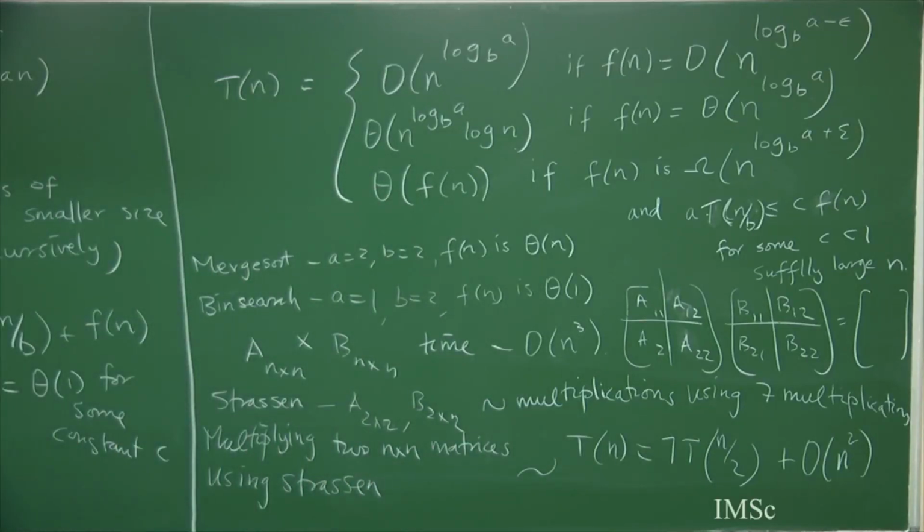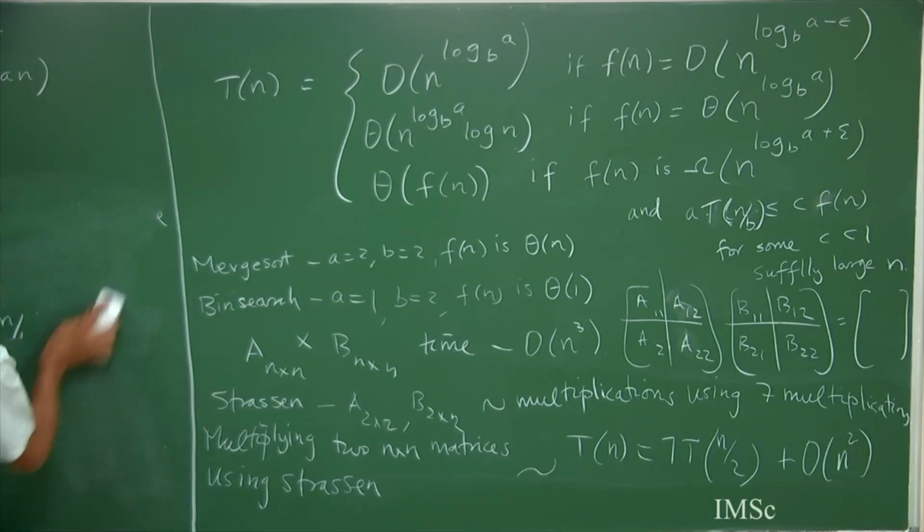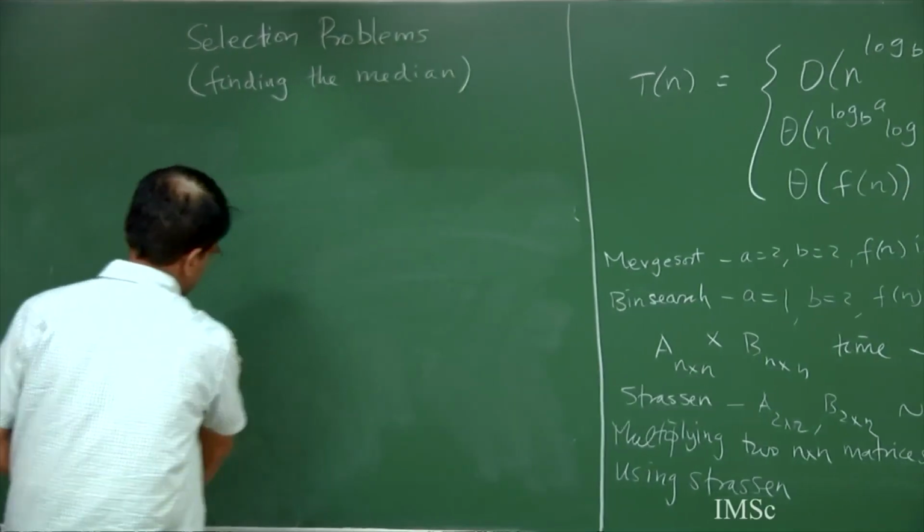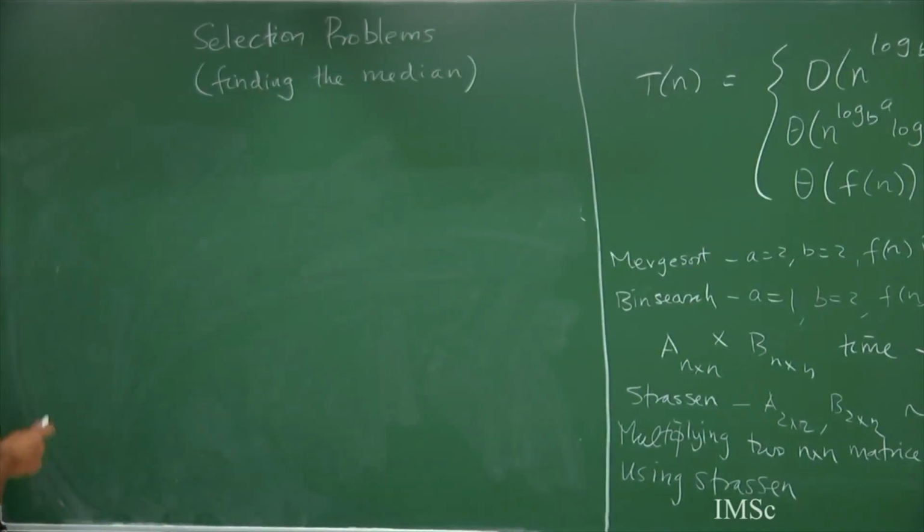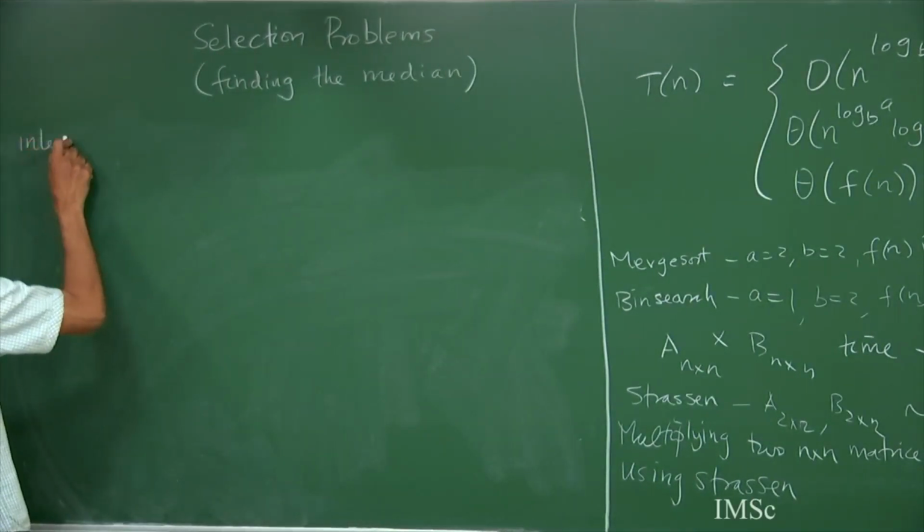So, let us look at integer multiplication, and then I want to move on to the selection problems we are interested in. It has a similar flavor as Strassen's algorithm, but it is much easier to see. So, what is the problem?